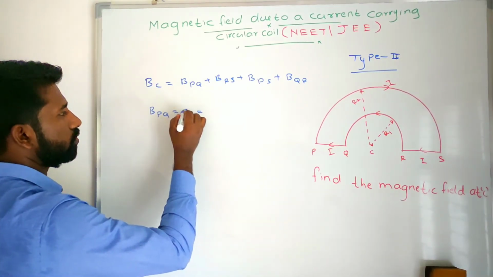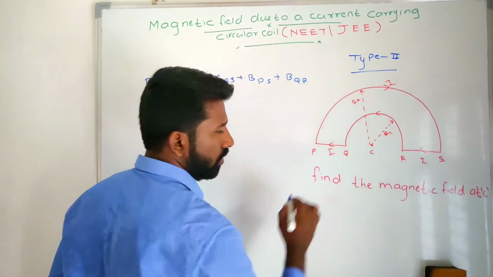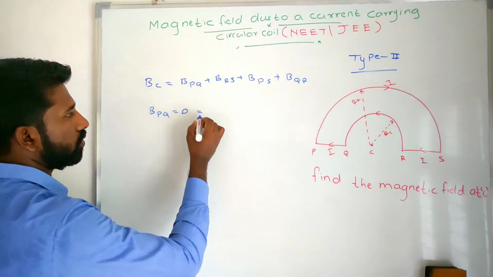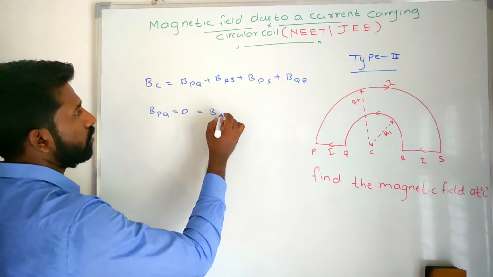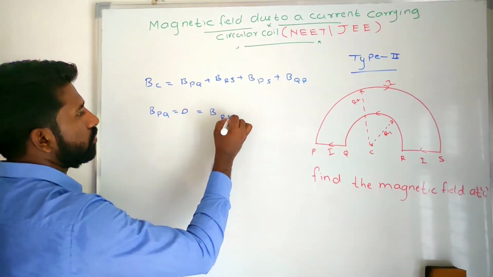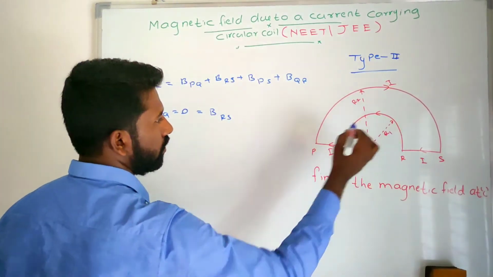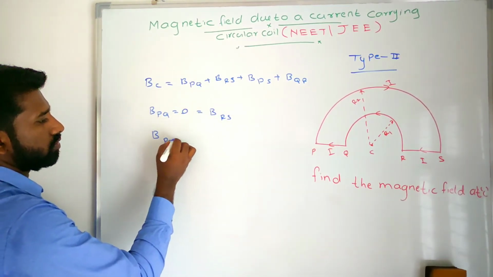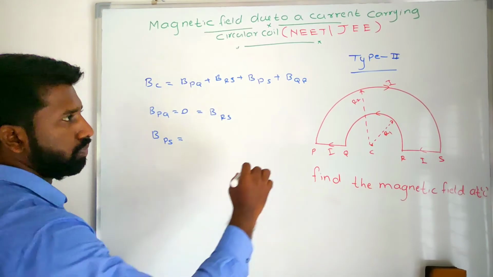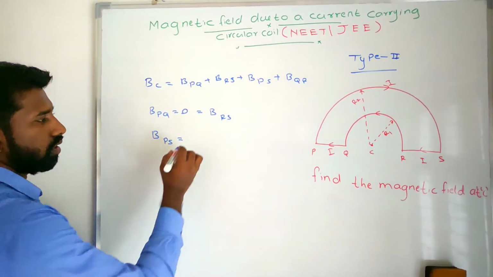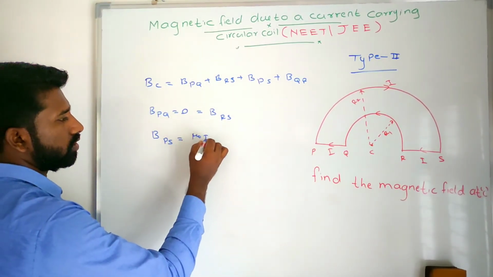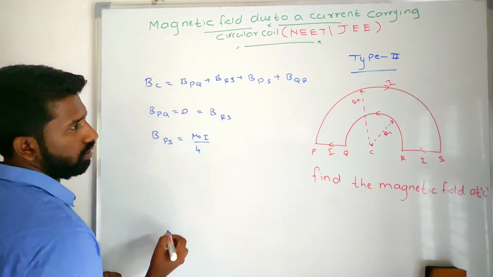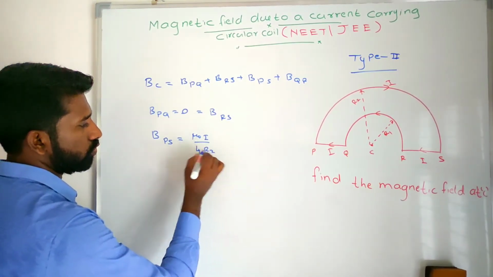And similarly for RS also, the point C is along the axis, so the magnetic field due to RS is also 0. Then the magnetic field due to PS we will find out. PS is a semicircular loop. The magnetic field produced by the semicircular loop is mu 0 I by 4r. Here the radius is r2.